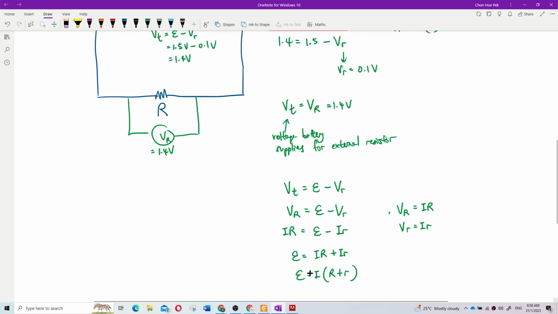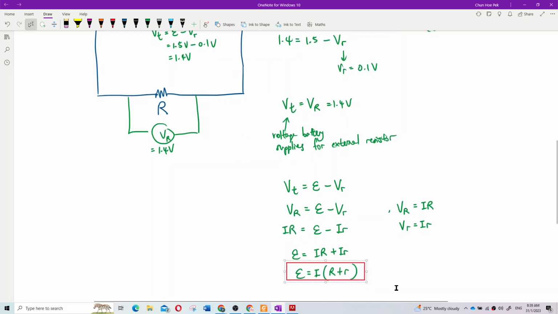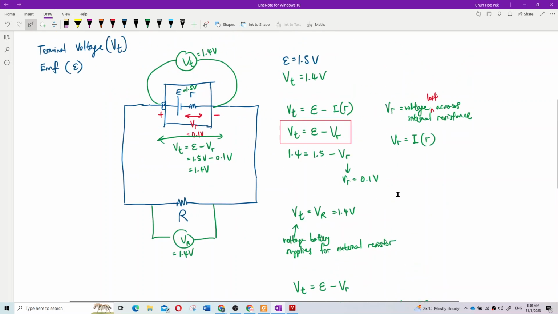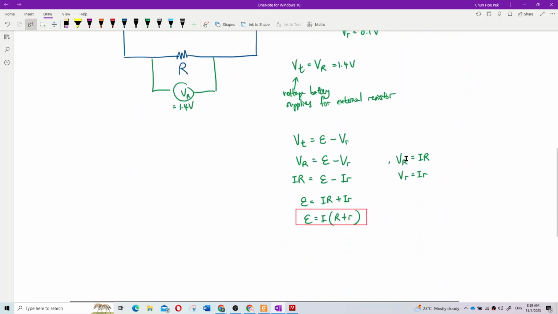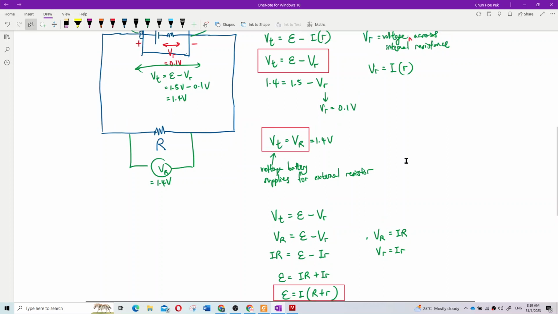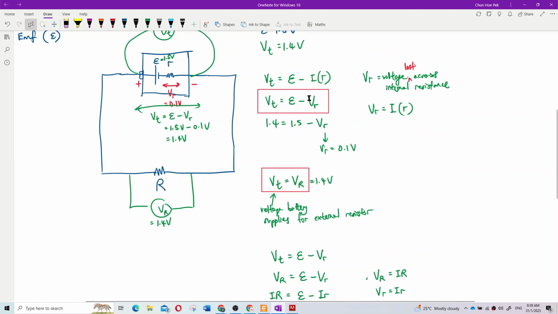Yes, sir. So that's the thing I was trying to tell you yesterday. You just have to remember that the terminal voltage is the voltage across the external resistor, and V small r is the voltage loss across the internal resistance of the battery. The battery tried to supply 1.5 volt, but 0.1 volt has been lost inside the battery itself.